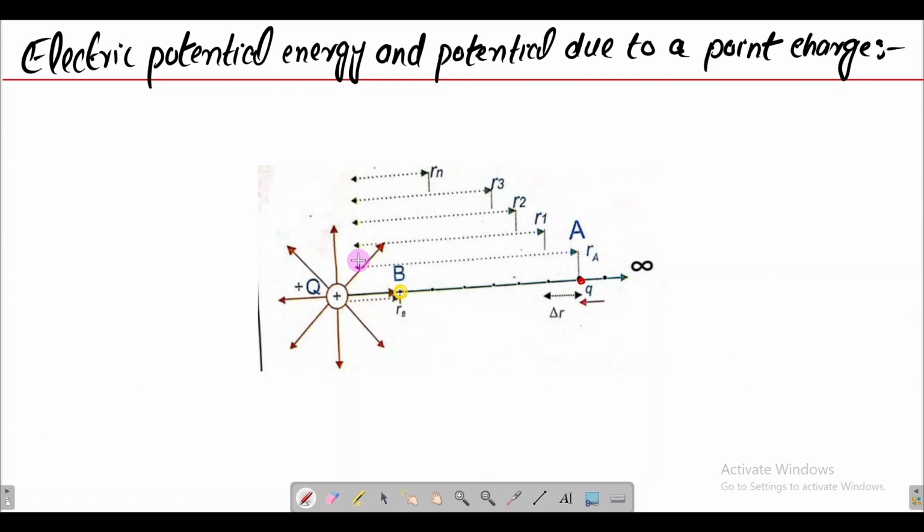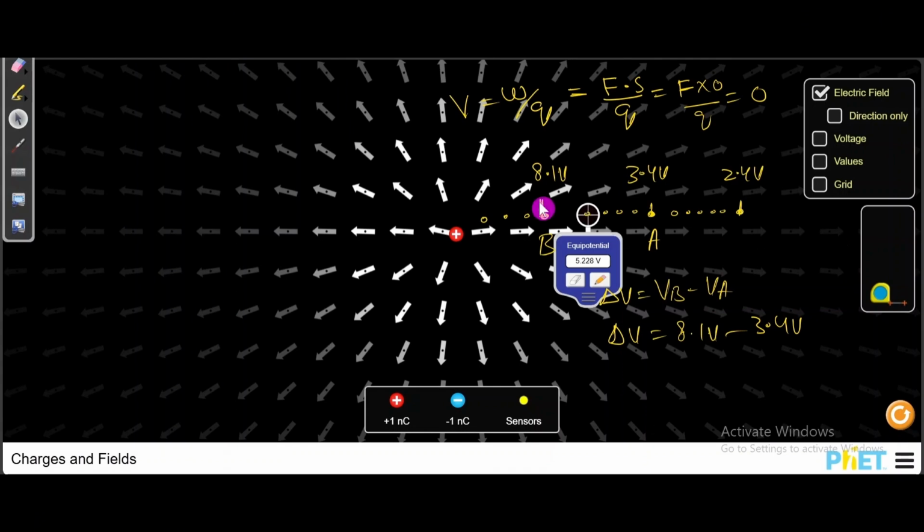This point actually lies in the electric field of this positive source charge. But if we find the potential at that point, we will consider the second point at infinity. As we know, if we come near to the positive charge, the voltage will increase. Away from the positive charge it was 2.4, and if we come near it is 3.4 and becomes 8.1.